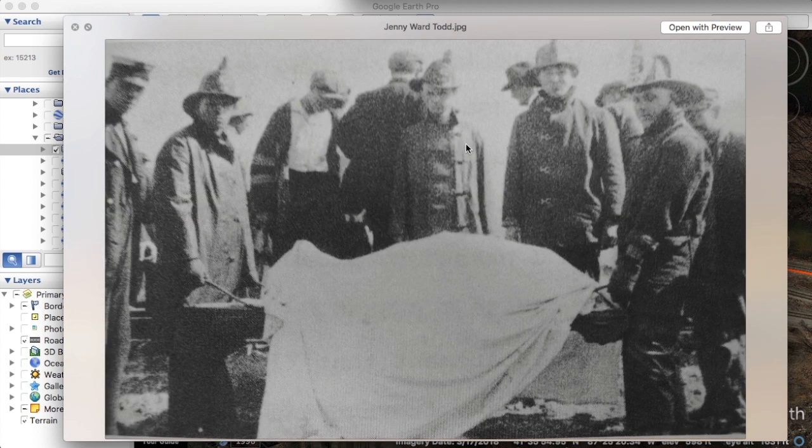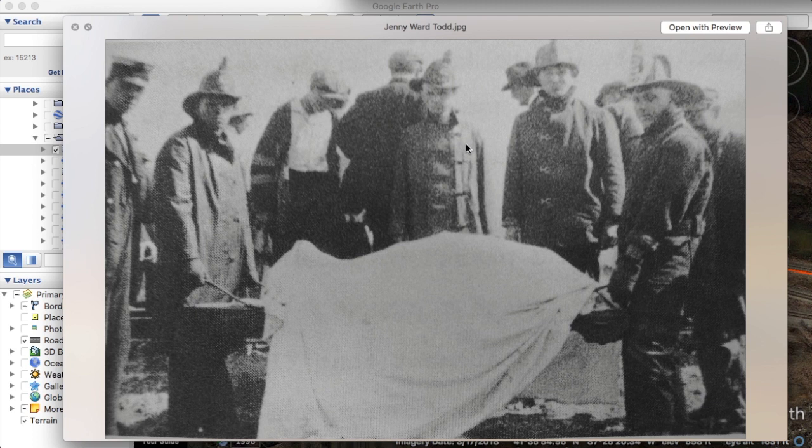Here we have another photograph, which was described to be a lady by the name of Jenny Ward Todd. I think she was a performer for the circus. I'm not a circus expert. I'm not going to be talking about personnel from the circus unless we're talking about Joe Coyle or something like that.